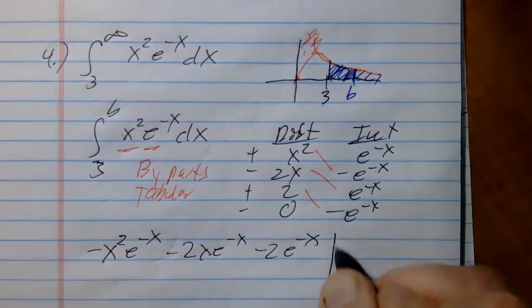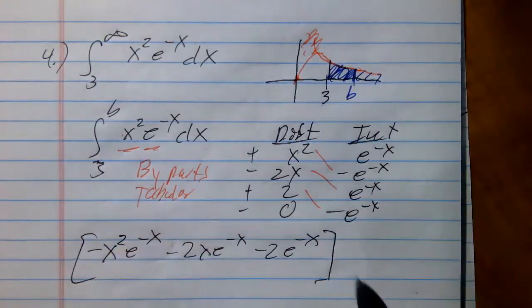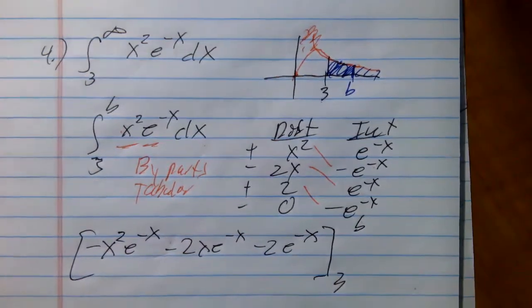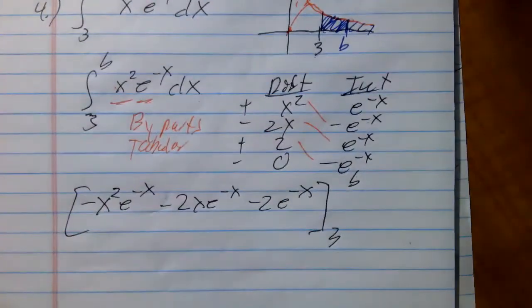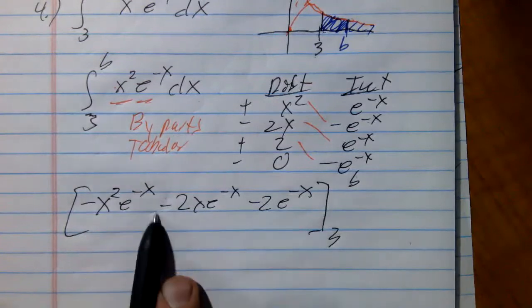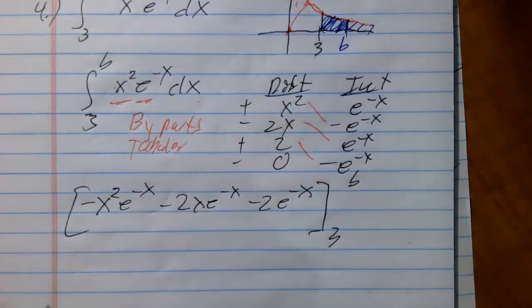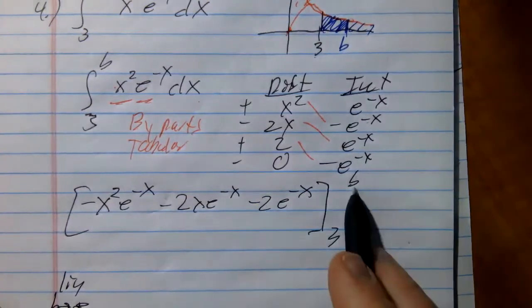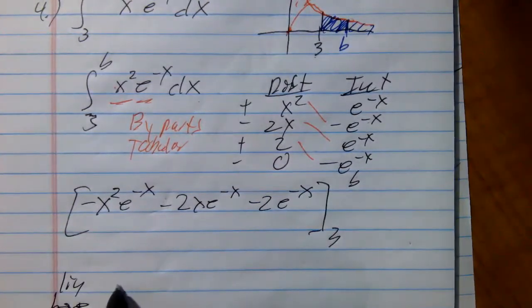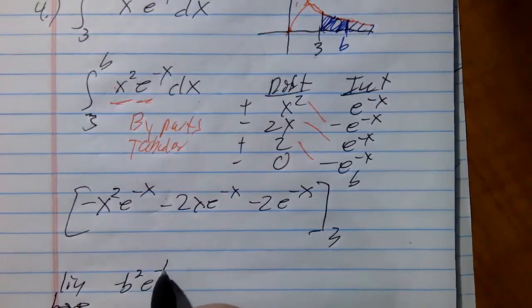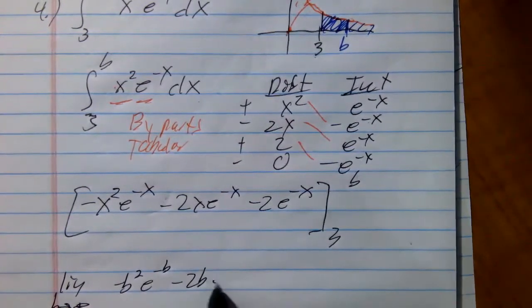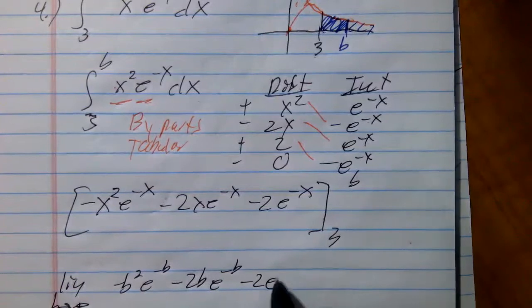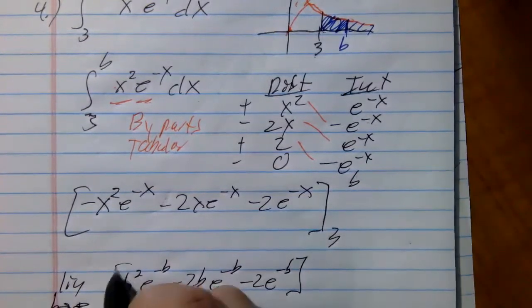And your bounds are now 3 to b. Now the whole reason we're doing this is we're going to plug b in here, and then I want the limit as b goes to infinity. You can kind of do this at the same time if you want. So I want the limit as that upper bound b goes to infinity. When I plug that in, you get negative b squared e to the negative b minus 2b e to the negative b minus 2e to the negative b.